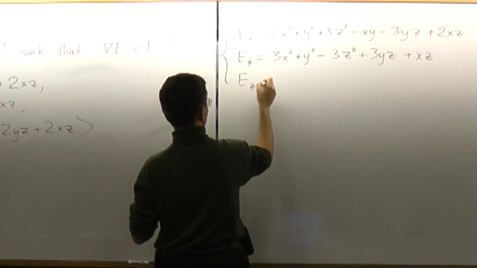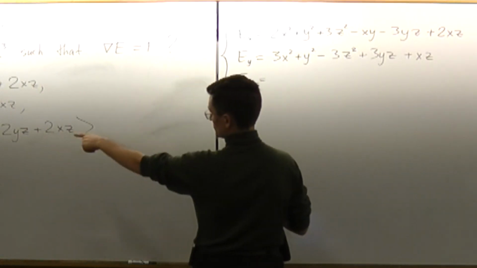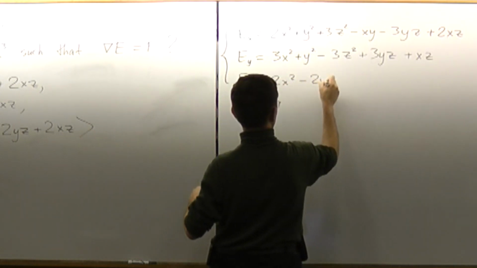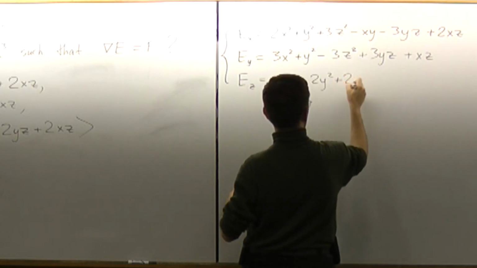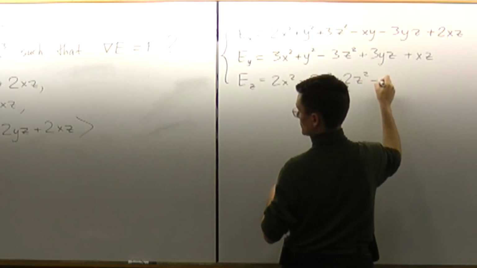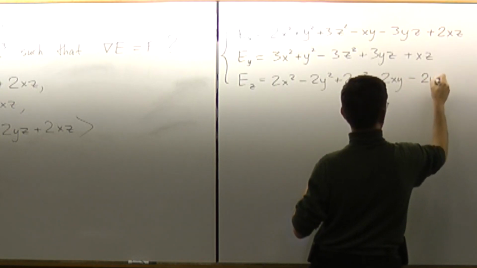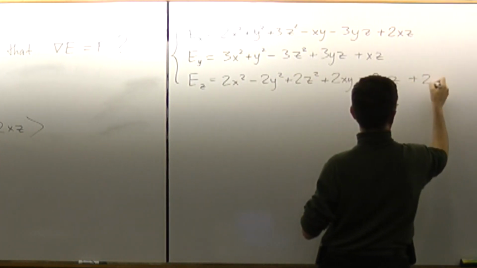And the last component of gradient is 2x squared minus 2y squared plus 2z squared plus 2xy minus 2yz plus 2xz.